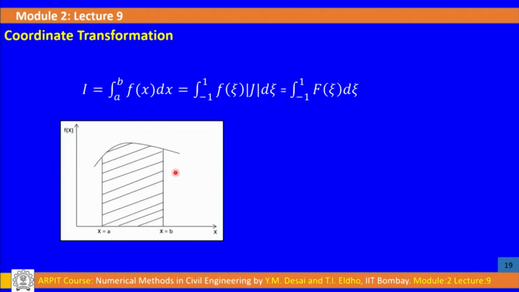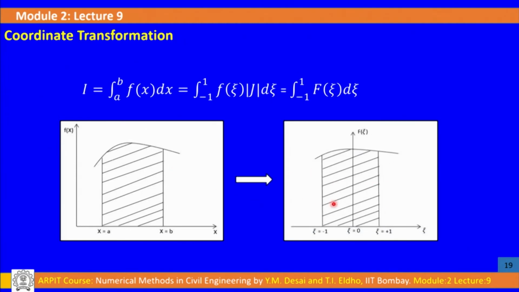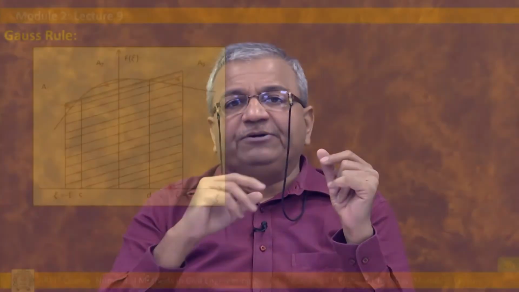Our physical space we have transformed to an equivalent mathematical space in natural coordinate -1 to +1. So, what did Gauss do? He worked with the trapezoidal rule, but applied it in a different way.